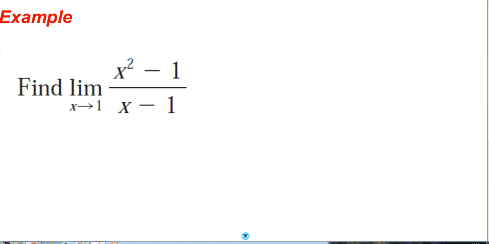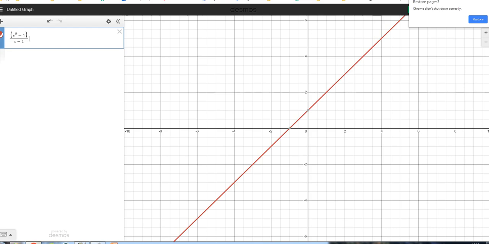Okay. In some cases, the limit of the denominator will be 0. For instance, if we substitute 1 here, this denominator will simply be 0. If we substitute 1, it will be 1 minus 1, and this denominator would be 0. But you will realize that if we draw the graph of this function, it's a straight line, and the limit as x approaches 1 should exist.